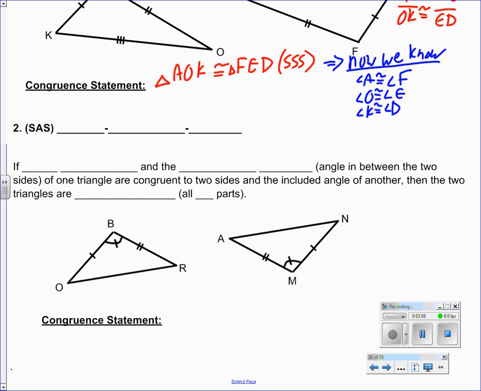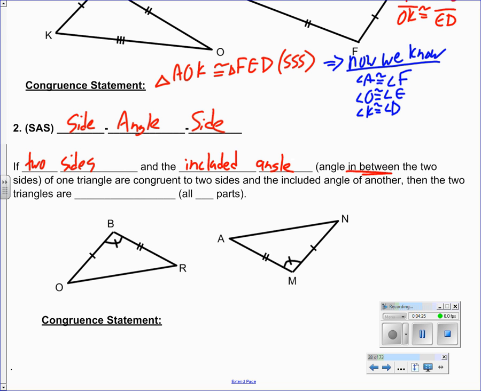Our second shortcut is called side angle side. This theorem says if 2 sides and the included angle, included angle means the angle in between those 2 sides.